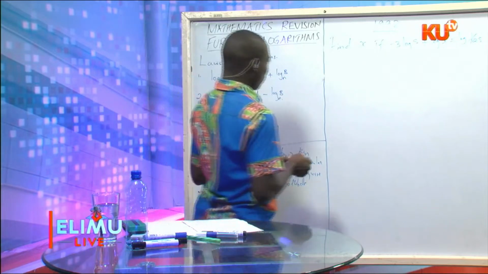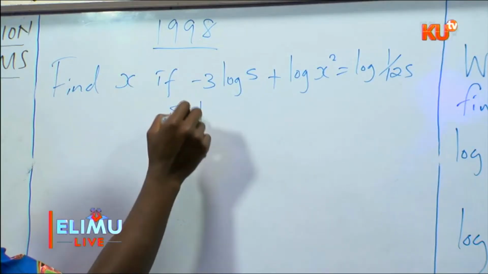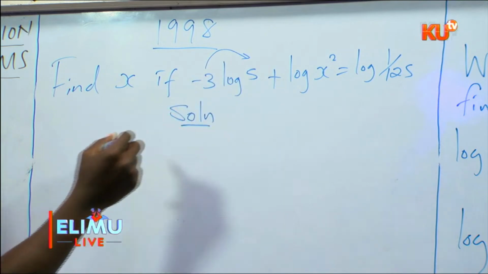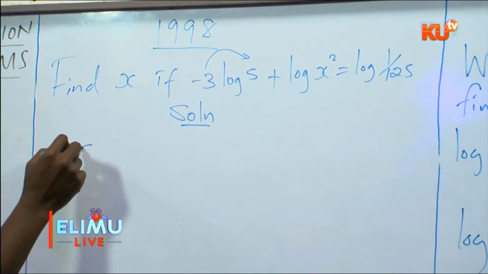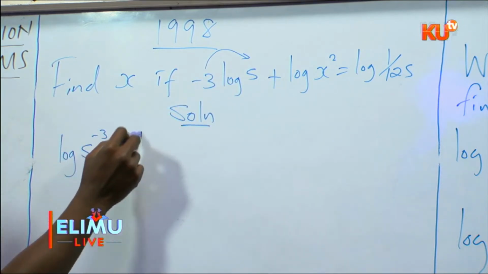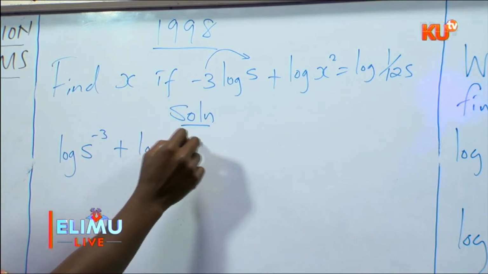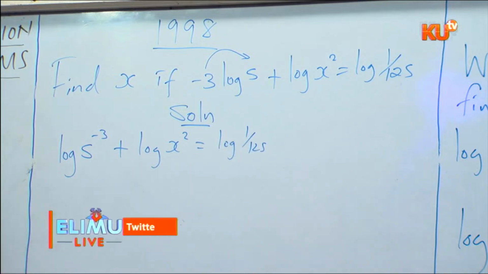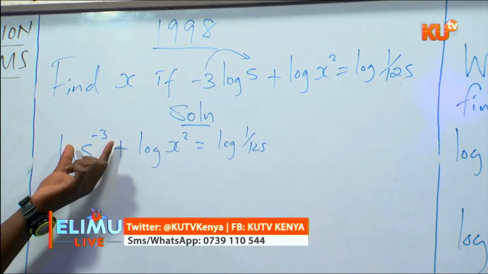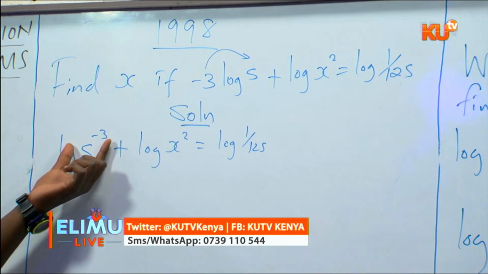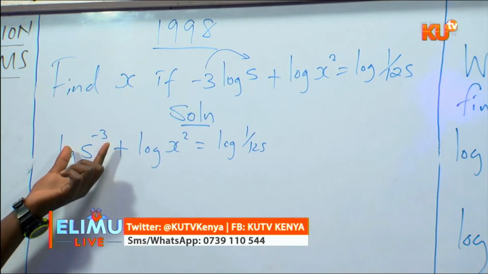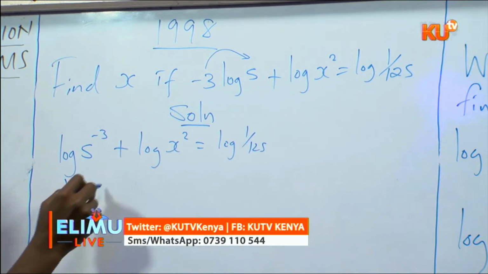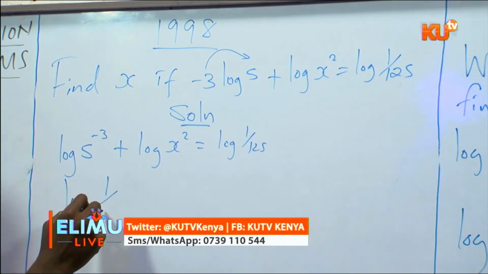But now that we've looked at all the laws, it is easier because we apply the third law. This becomes the power of 5. So we have log 5 to the power negative 3 plus log x squared is equal to log 1 over 125. This takes us to indices. Remember, we've looked at the negative index law. When you have a number to a negative power, it becomes the reciprocal of the positive power.